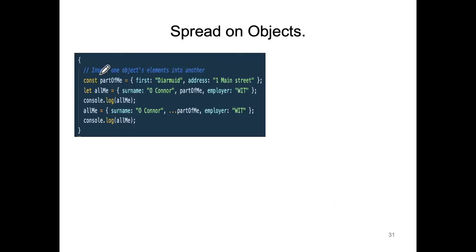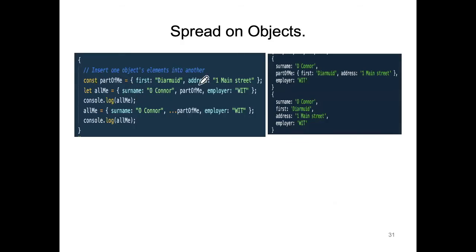So I've got the part me object, and then I've got the all me object. And in the all me object, you can see here, I'm including the first object. This is the way I'm including it the first time. But by doing it like this, when I do a console.log of me, this is what I get.